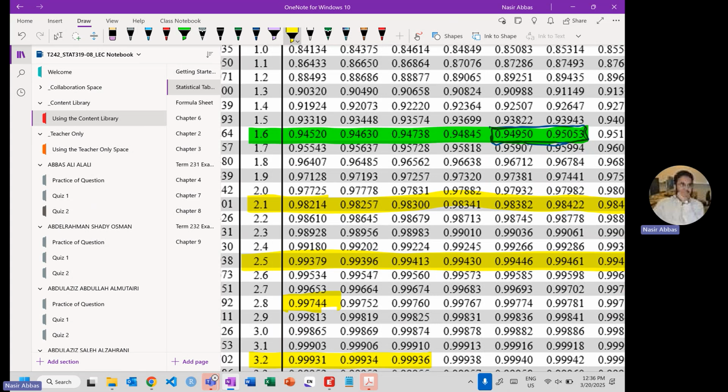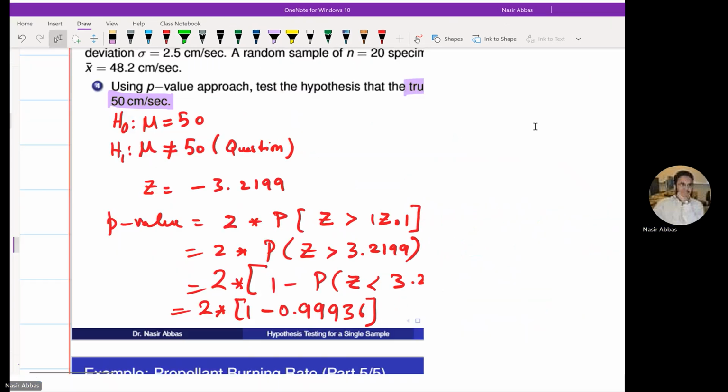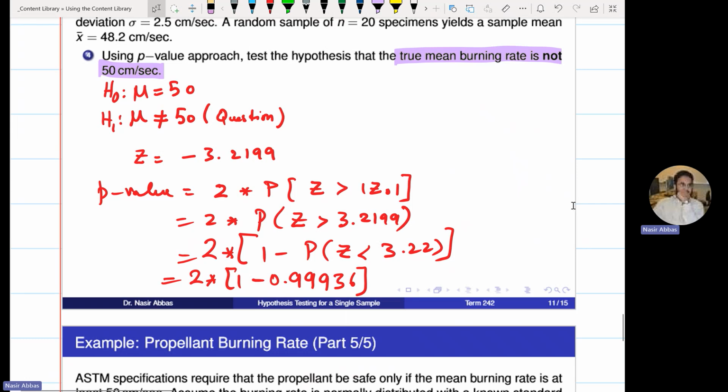What is the area below 3.22? 0.99936. Calculate this: 2 times 1 minus 0.99936.